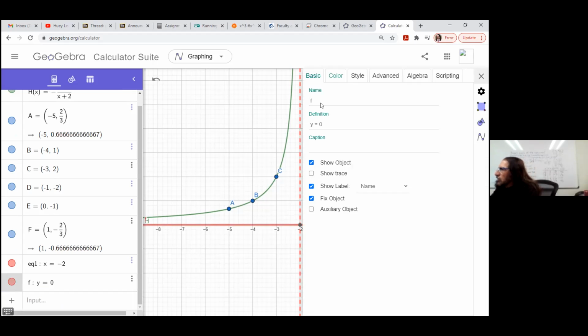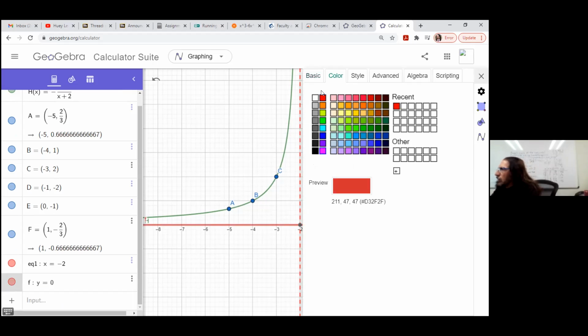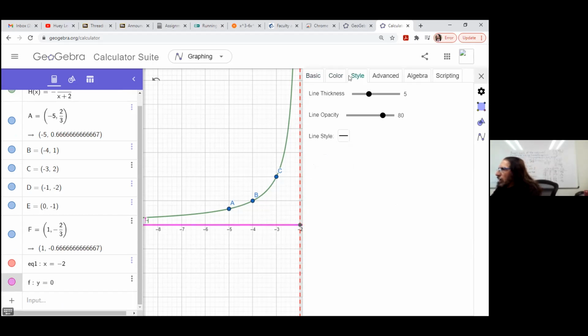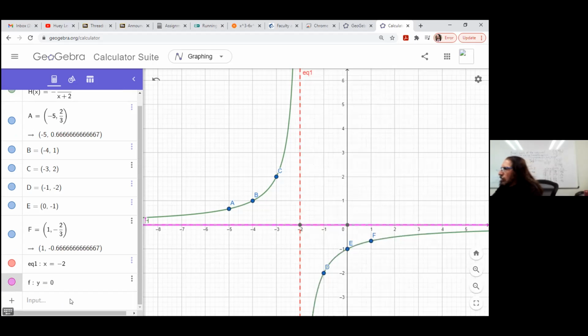You can see that at the far left and the far right, the curve is getting closer and closer to it. Although a vertical asymptote cannot be crossed, a horizontal asymptote could be.